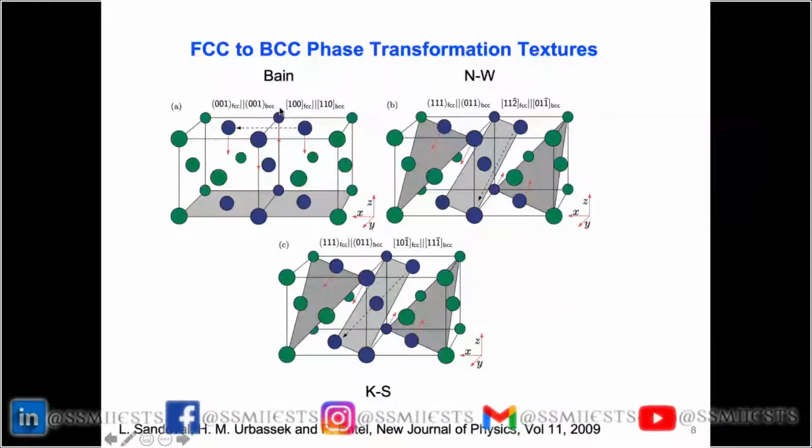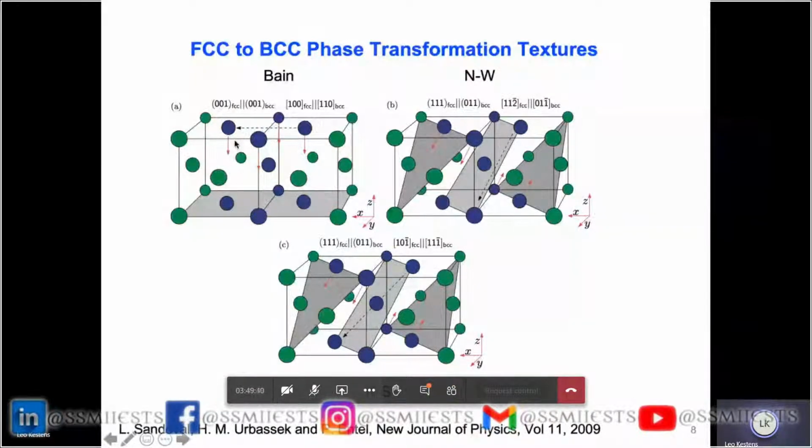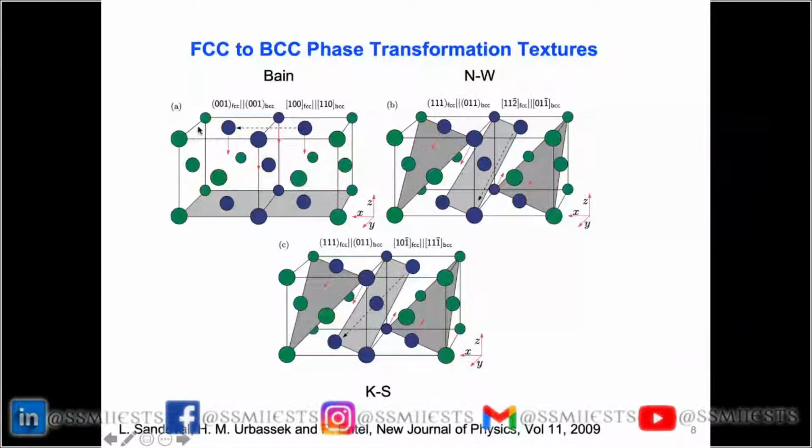Now, if you have a ferrite and austenite lattice, there is a certain crystallographic orientation relation between both. And there are various different orientation correspondences that are described in literature. One of the earliest was the Bain correspondence, based on a simple observation saying that, look, these are the green atoms in the austenite phase.